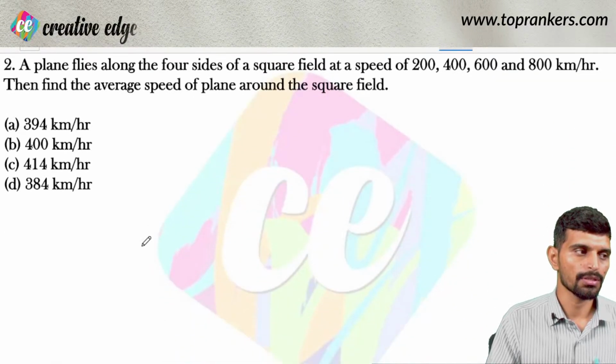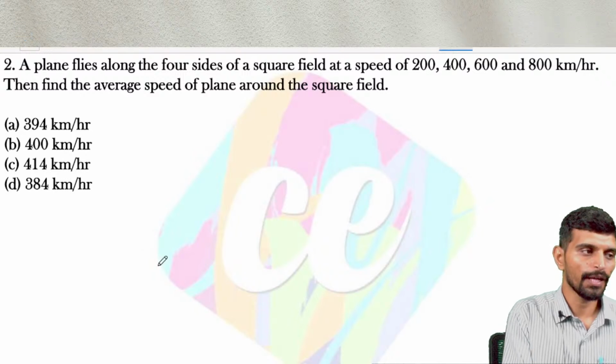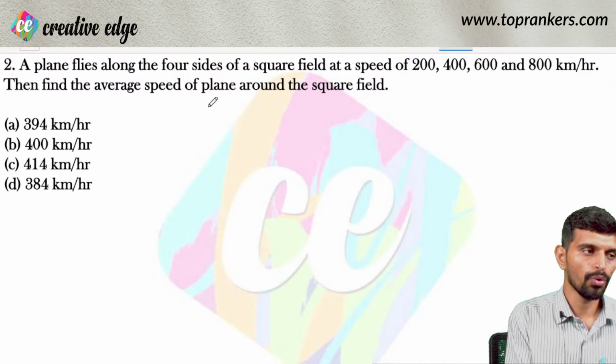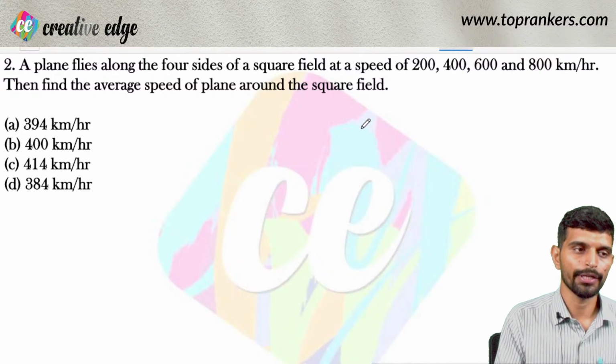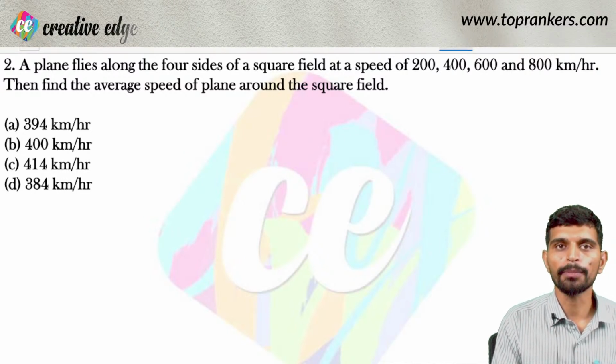The next question is: a plane flies along four sides of a square field at speeds of 200, 400, 600 and 800 kilometers per hour.